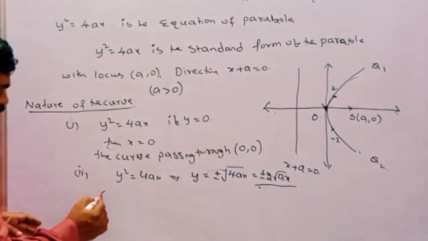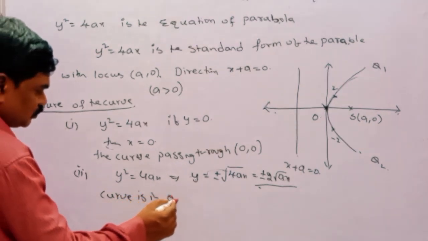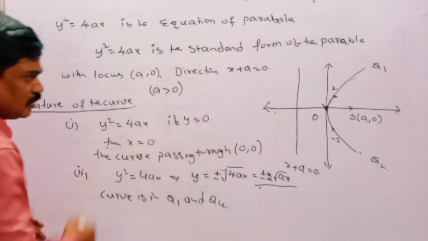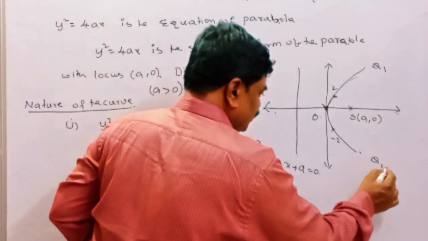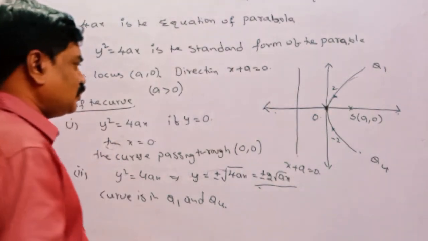So the curve is in Q1, the first quadrant, and Q4, the fourth quadrant.